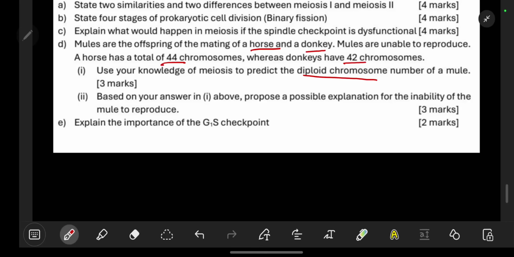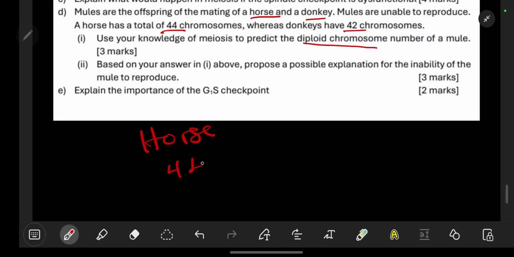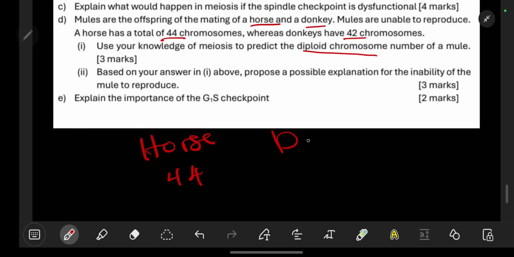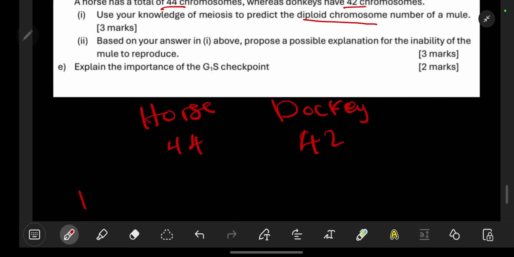So we are going to have the horse has got 44, then the donkey has got 42. So the haploid state of the horse, we divide by 2, which will be 22.